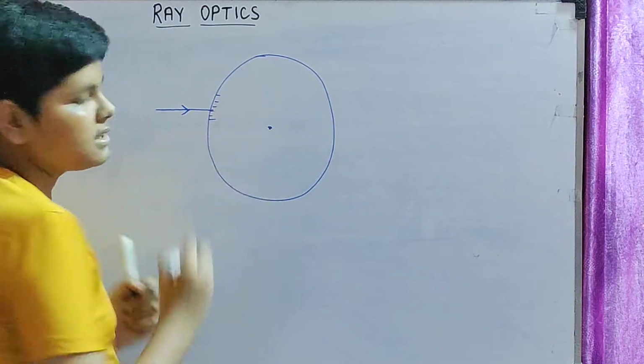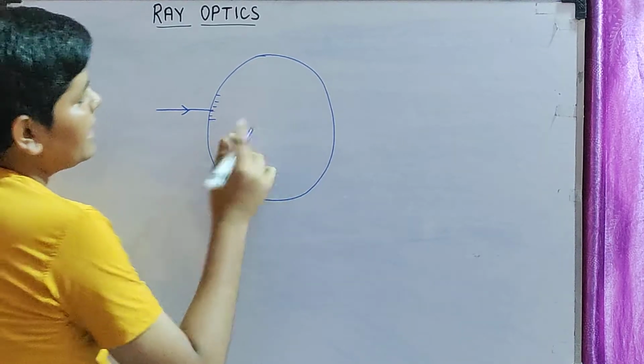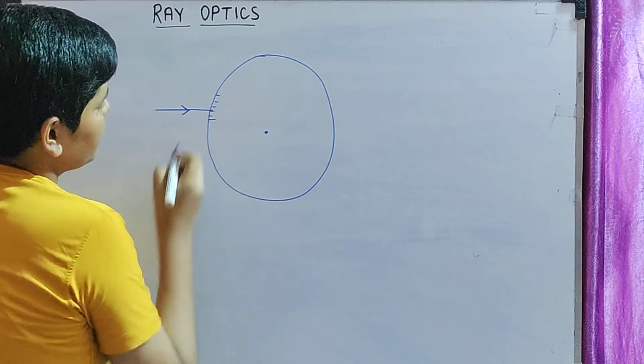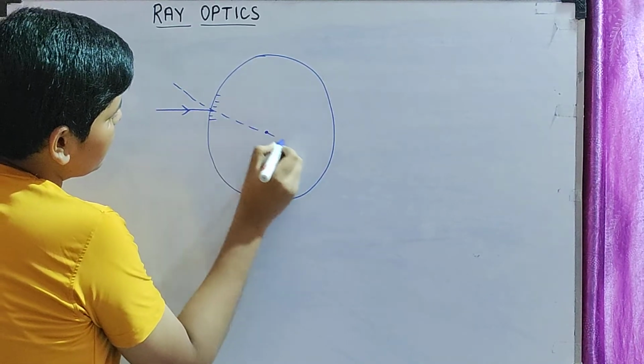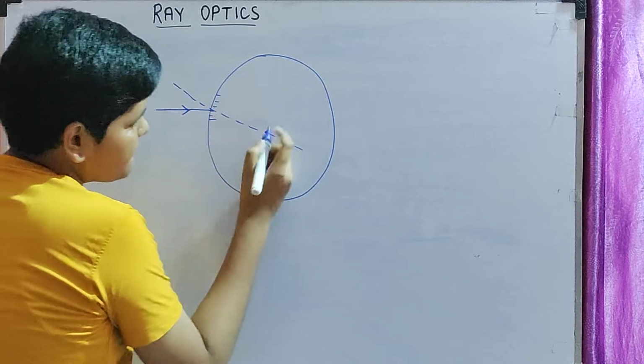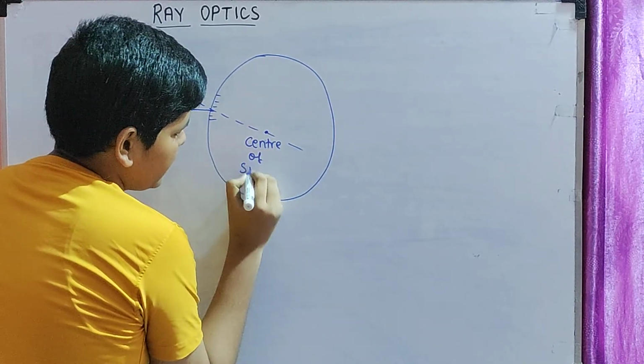So this is the center of the mirror. You draw the normal such that it passes through the center of the mirror. So here the normal will be drawn something like this.